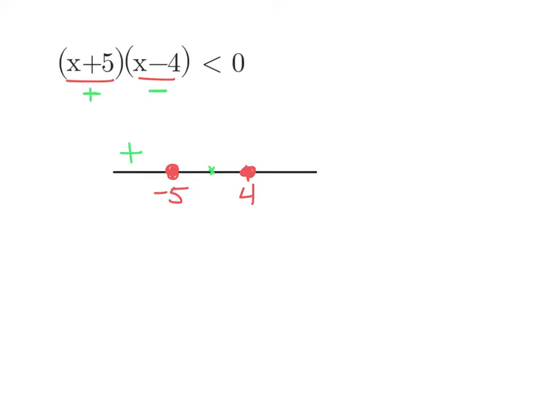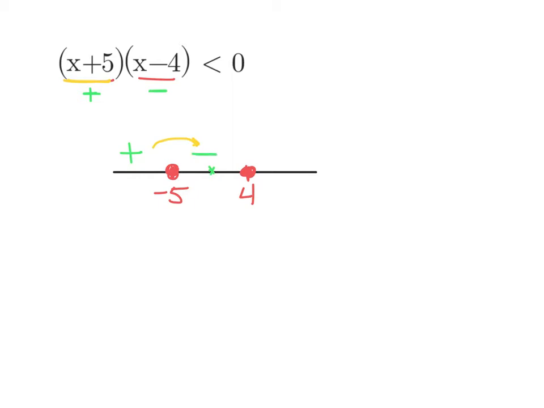One thing I want to point out, I hope you're noticing this, that as I passed over from the left side of -5 to the right side of -5, did you notice that the factor that changed was the factor that gave us that -5 as a 0? That is not by accident. That product overall will be negative.